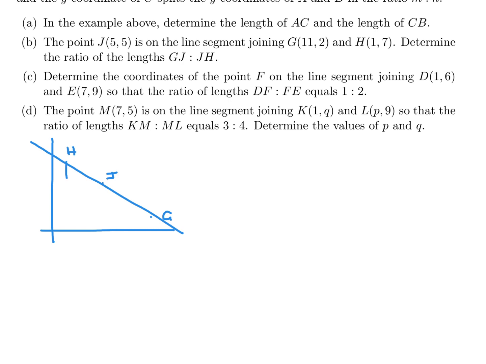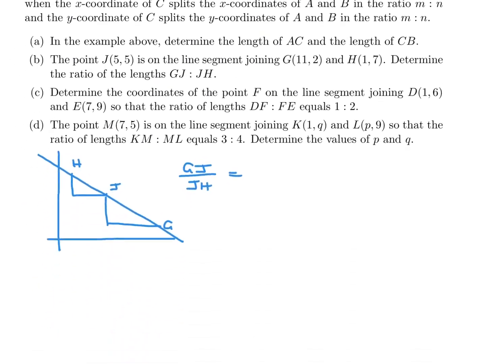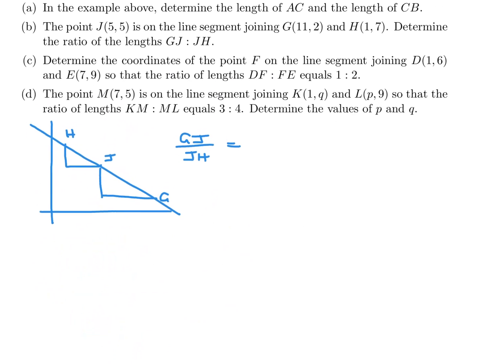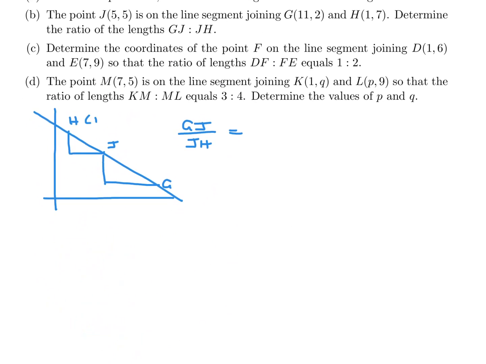So what they're saying really is figure out this GJ to JH ratio. Very similar to the diagram up there, we're going to make these little triangles, and that'll make our life easy. So let's label H, which I believe was (1, 7). This was (5, 5).